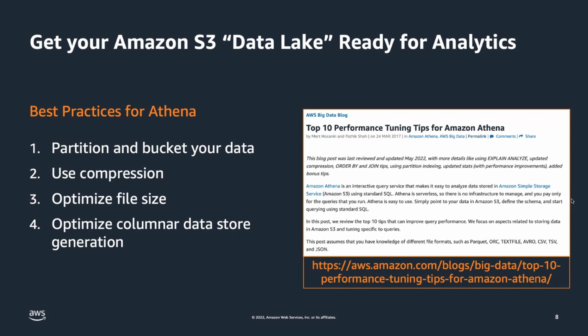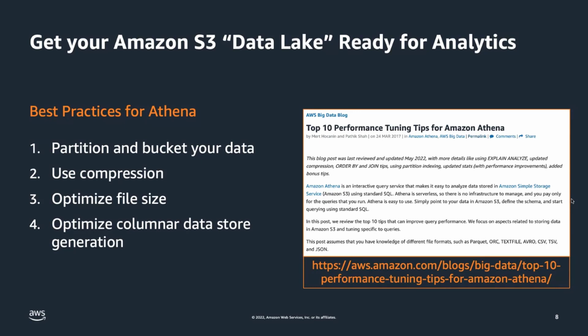First, partition and bucket your data. When the traffic comes in and you're going to store it in S3, you don't want to store it in one big bucket. Then Athena will spend a long time trying to scan this bucket and get you the results you want. So you want to split the bucket into smaller buckets that make sense, depending on, let's say, a customer ID or a transaction ID or a device ID or something that's meaningful to your data.